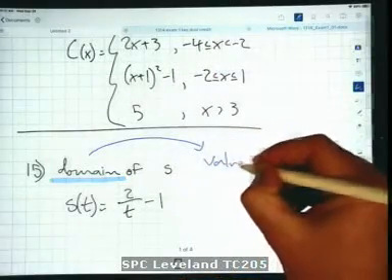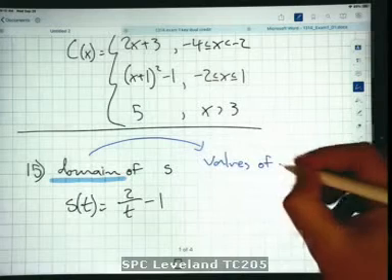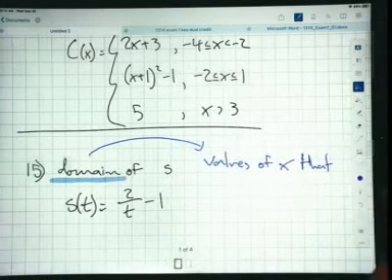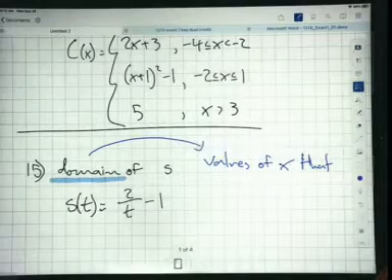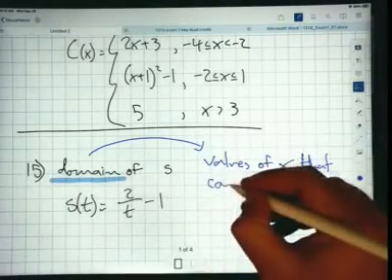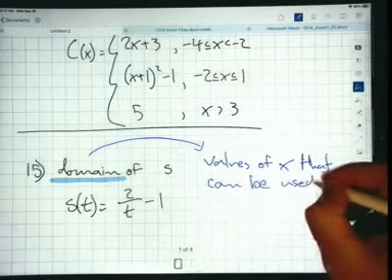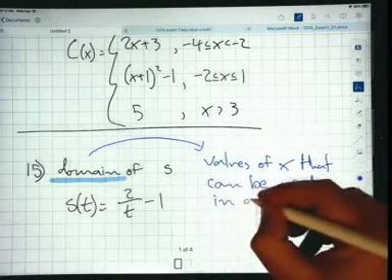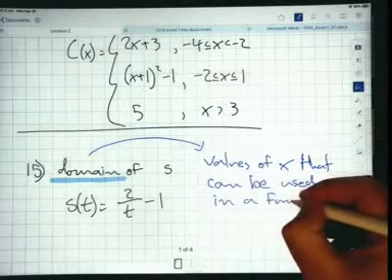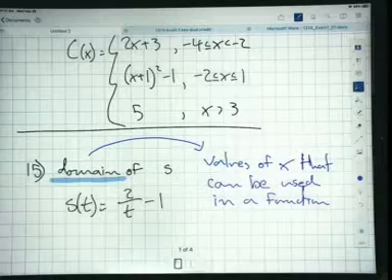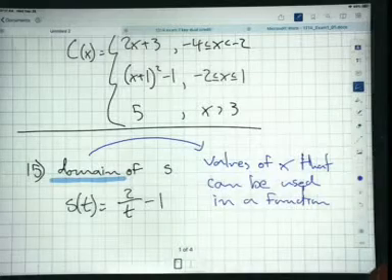The values of X. The values of X that I'm going to extend that definition, that can be used in a function. The values of X that can be used in a function.